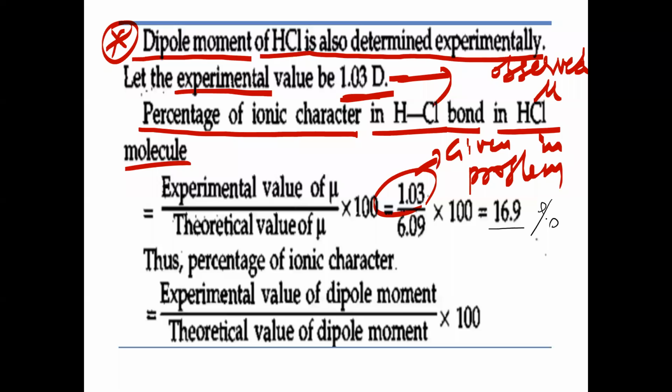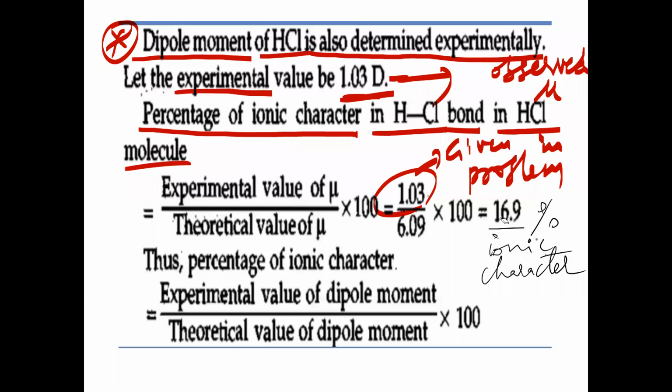16.9 percent ionic character. So how much percentage of ionic character is in the HCl molecule? 16.9 percent. How did we get this? By the formula: experimental value of dipole moment divided by theoretical value of dipole moment into 100 gives the percentage of ionic character in the given covalent molecule.